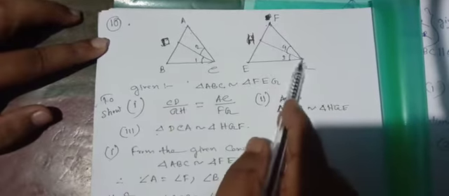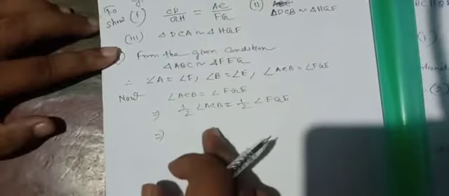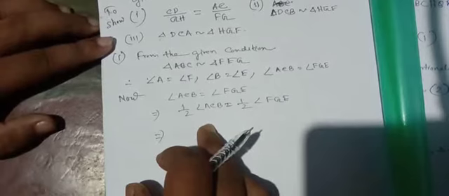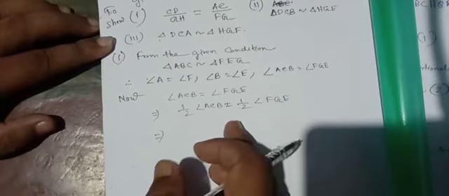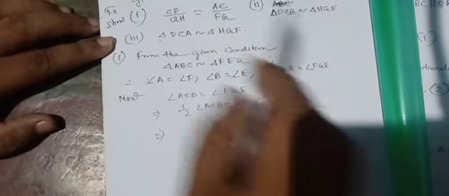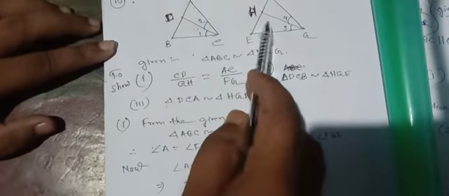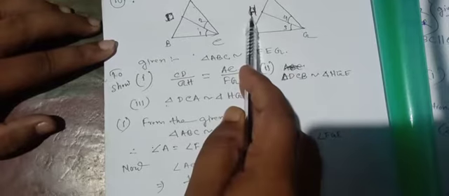Since DC and HG are the bisectors, here we can write that angle DCB, means this angle, will be equal to angle EHG.